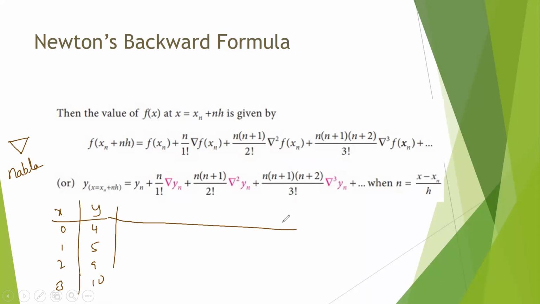As we discussed in the finite difference video, we discussed the backward difference table and the backward difference operators. Let us recap once here. The first backward difference operator is nabla y, the second is nabla square y, the next is nabla cube y, and then nabla power 4 y, and so on.